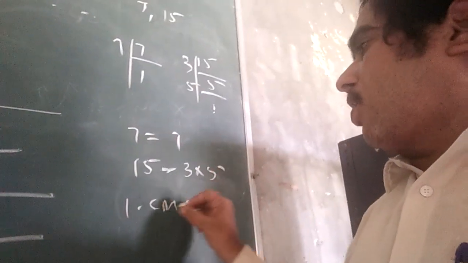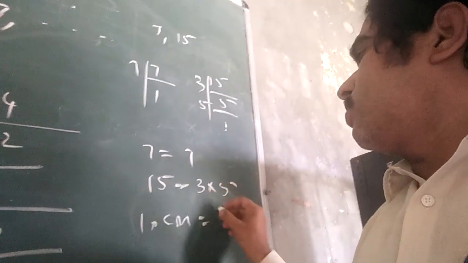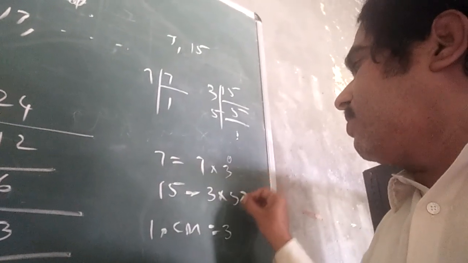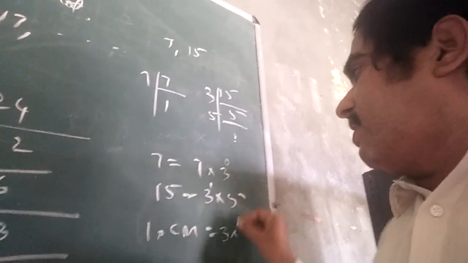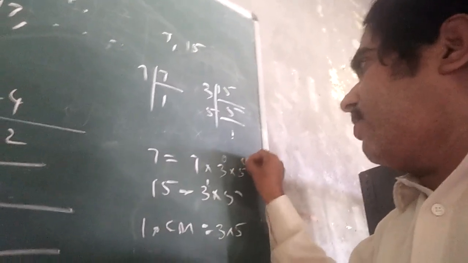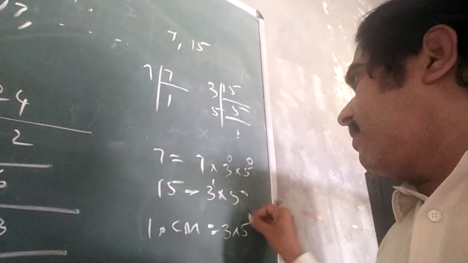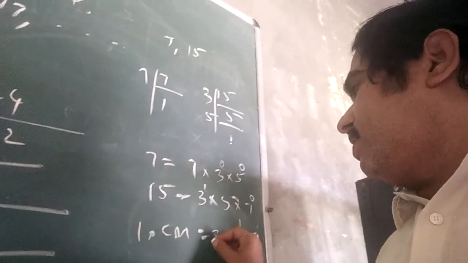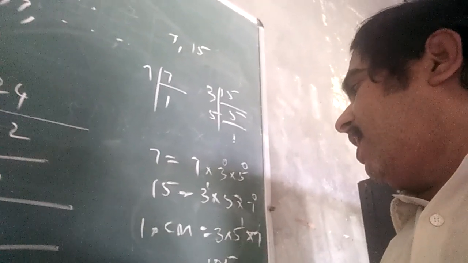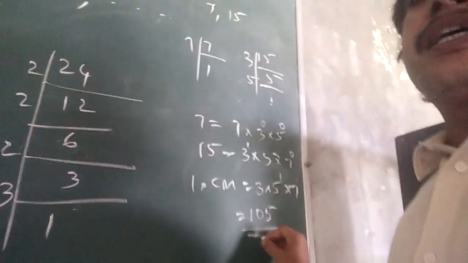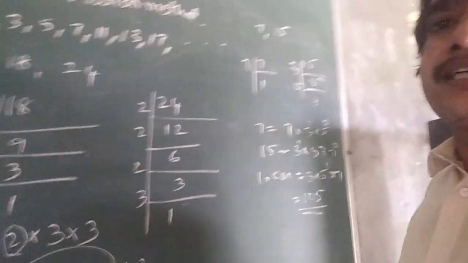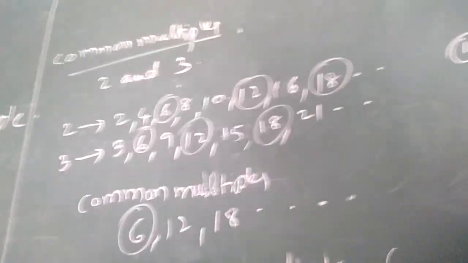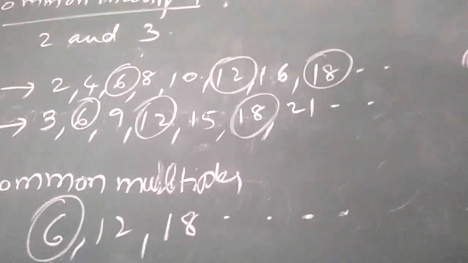You might be thinking there is no common factor, but no need of common here. 3 is coming in 15 but not in 7, so we can write it as 3 power 0; 1 and 0 means 1 is highest. 5 is not coming in 7, so 5 power 1. 7 is not coming in 15, so 7 power 0 into 7. So 3 into 5 into 7: 3 7s are 21, 21 5s are 105. 105 is the LCM. This is known as the prime factorization method.